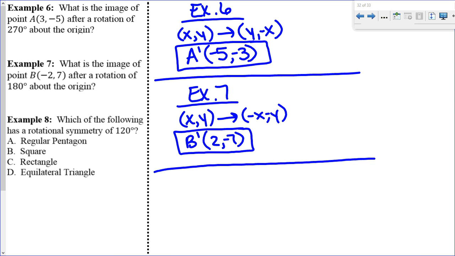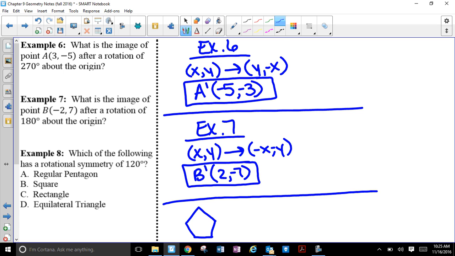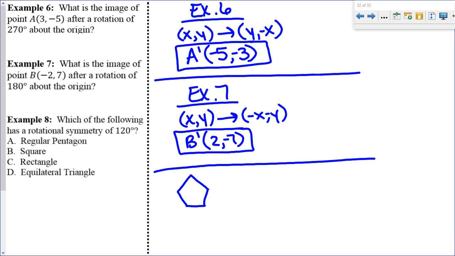All right, so this one we're going to talk about rotational symmetry briefly. But basically, if I had a regular pentagon, where all the sides are congruent, and I have the center point right here, and I rotated this around this point, how many degrees would it take so that this point is now rotated onto this point and all the other points have been rotated a certain amount of degrees, whether you go that way or counterclockwise, either one.